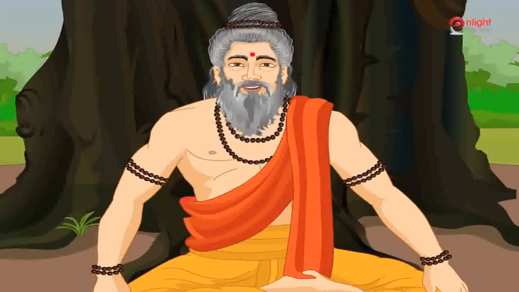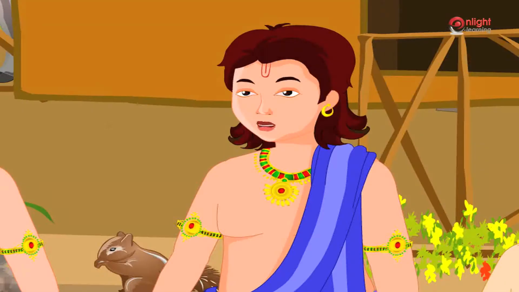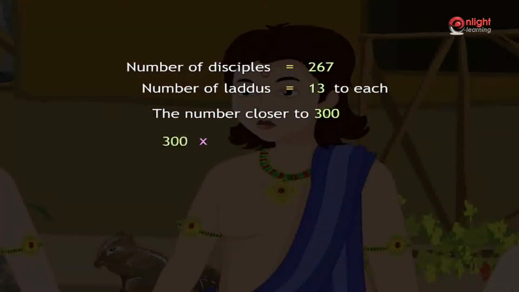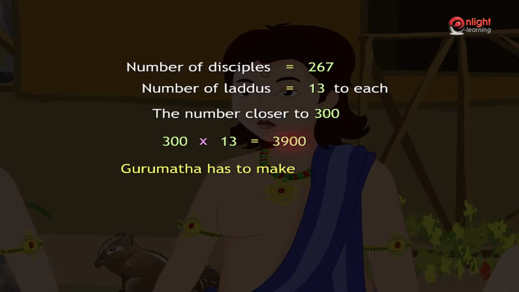Now estimate the number of laddus Guru Mata has to make. To find the estimated product, we multiply 300 by 13. Now 3 multiplied by 13 is 39. So 300 multiplied by 13 is 3900. So Guru Mata has to make 3900 laddus.